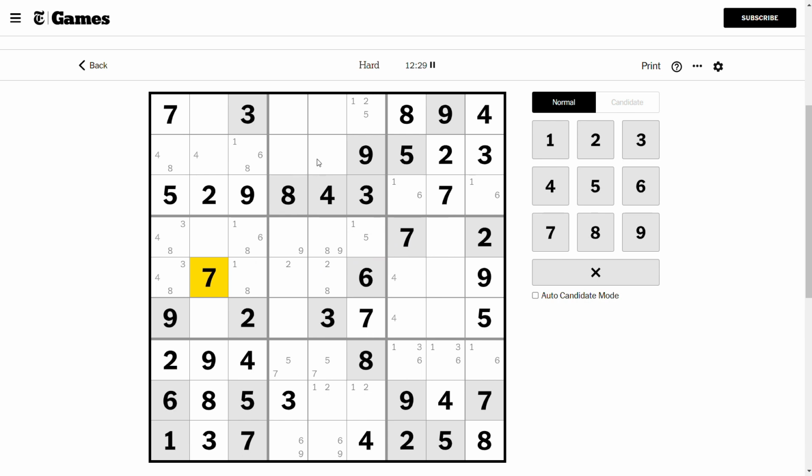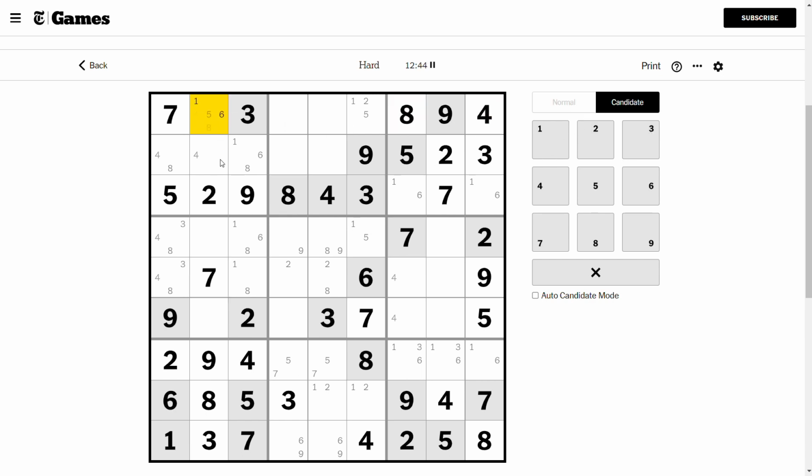And then 1, 4, 6, and 8. I guess this cell sees the 4 and 8, so this is a 1, 6 only. Yeah, alright.